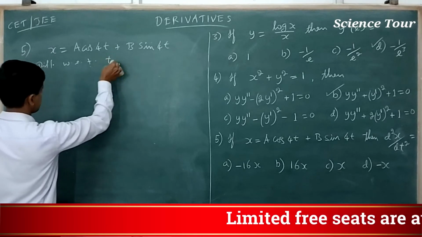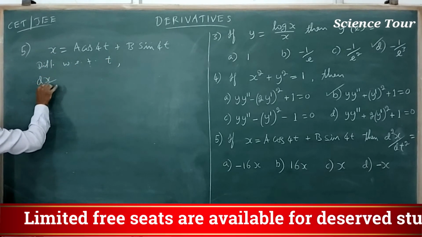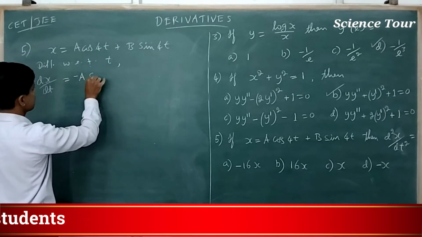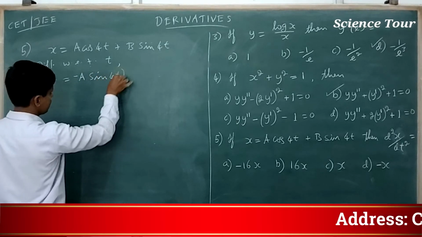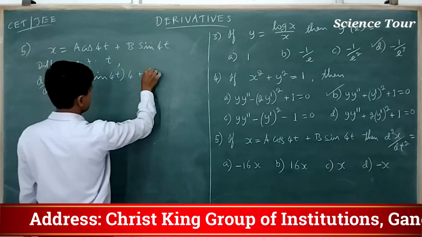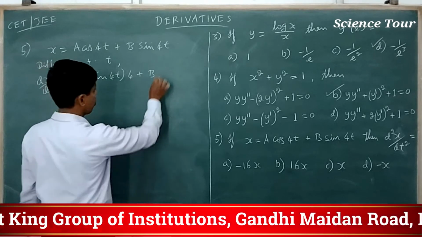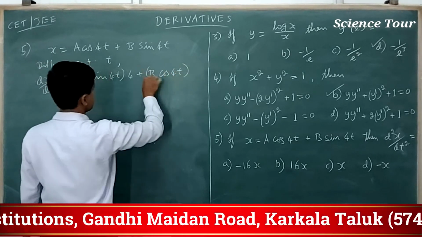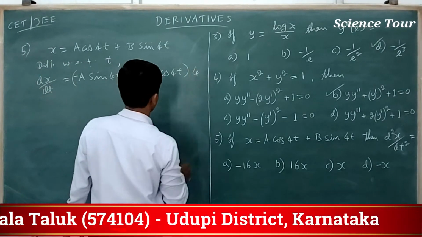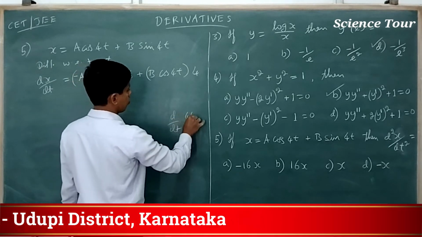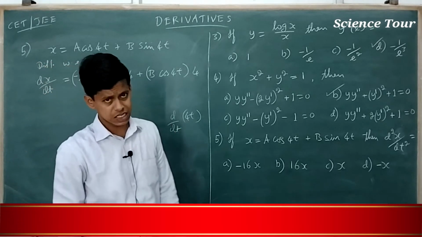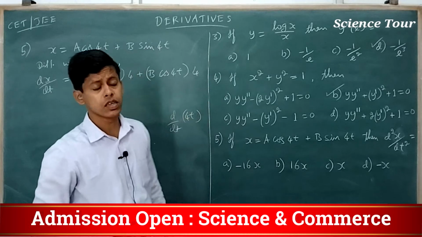The derivative of cos is minus sine 4t into derivative of 4t, which is 4, plus b, and derivative of sine 4t is cos 4t into derivative of 4t with respect to t, which is only 4, just like the derivative of 4x with respect to x.